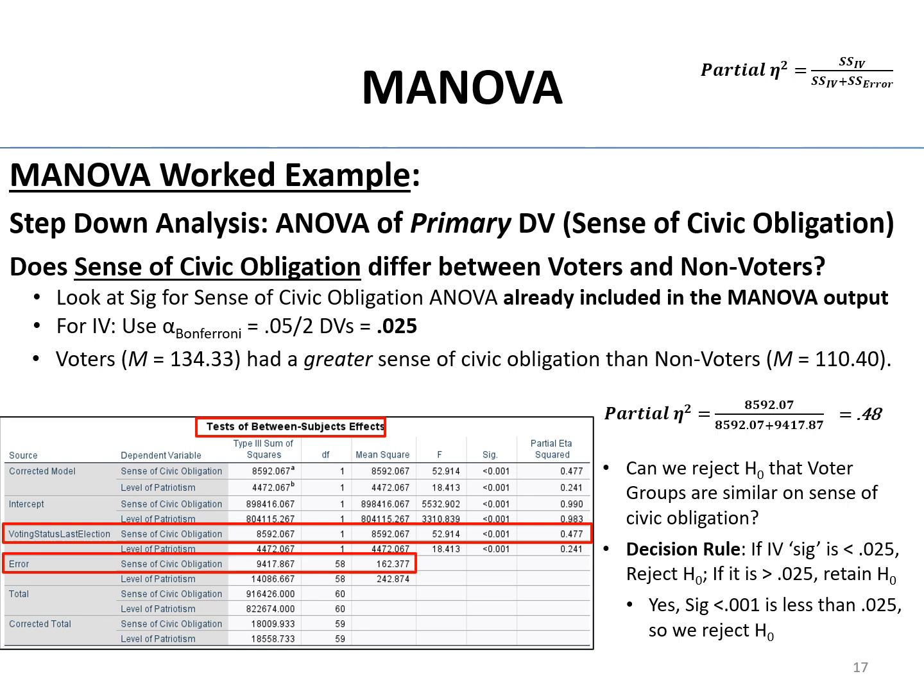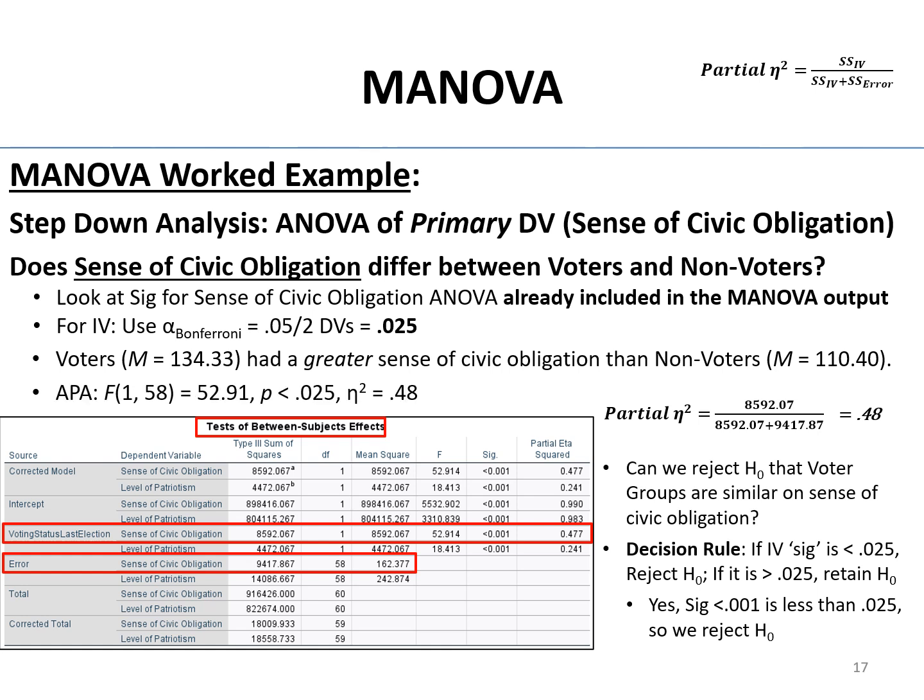So turns out SPSS is calculating these correctly, but there's the formula if you want to do it. Sum of squares for the IV in the numerator divided by the sum of squares of the IV plus sum of squares for error in the denominator. And you get 0.48 if you do the math. And note, under partial eta squared in the table, you get 0.477, which rounds to 0.48.